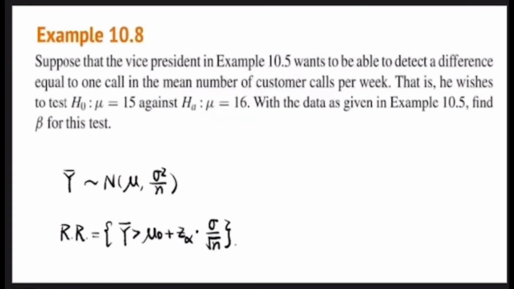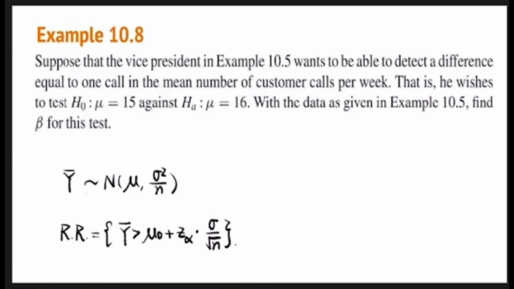Please pay attention. Now suppose that the vice president in example 10.5, which we did on Wednesday, makes a claim. We want to be able to detect a difference equal to 1 call in the mean of customer calls per week.